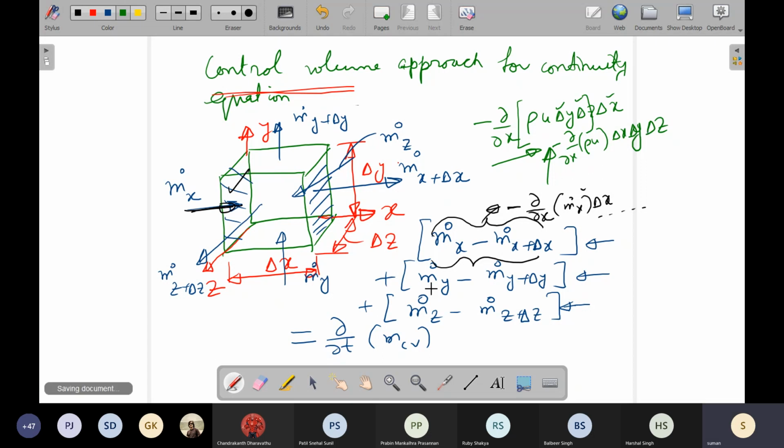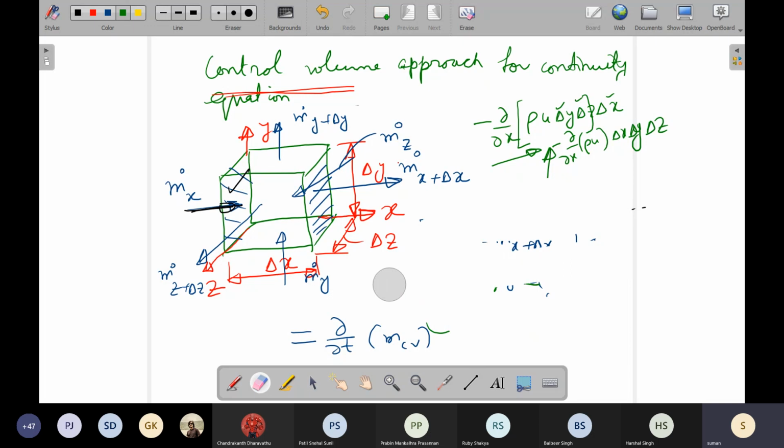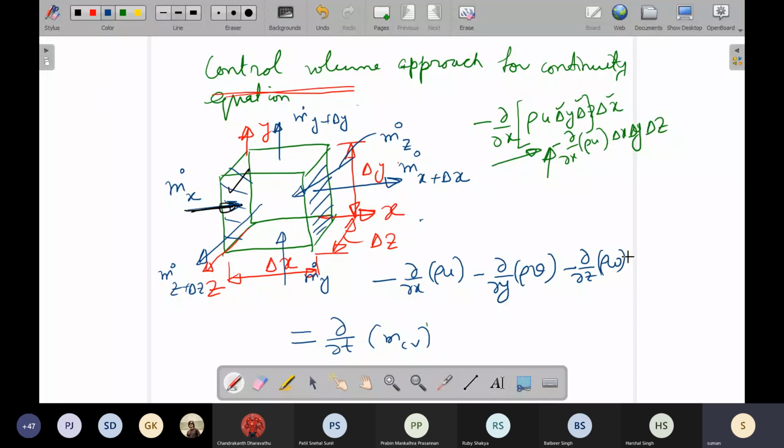Similar will be for the other two terms. So let us write all these together. I will just erase their expressions, and in place of that I will write the simplified form. Whatever we derived for x direction, same thing we hold for y and z. So that will be minus this one for x, minus this one for y, minus this one for z, and all the terms multiplied by this.